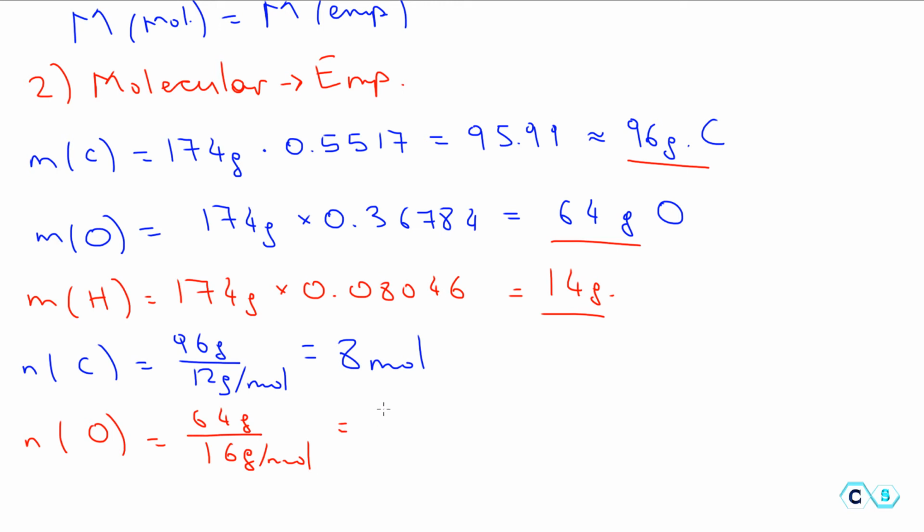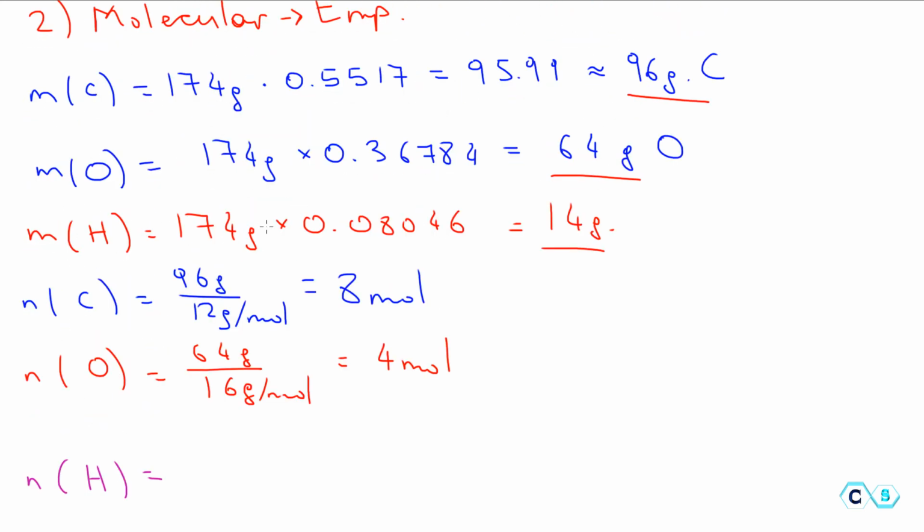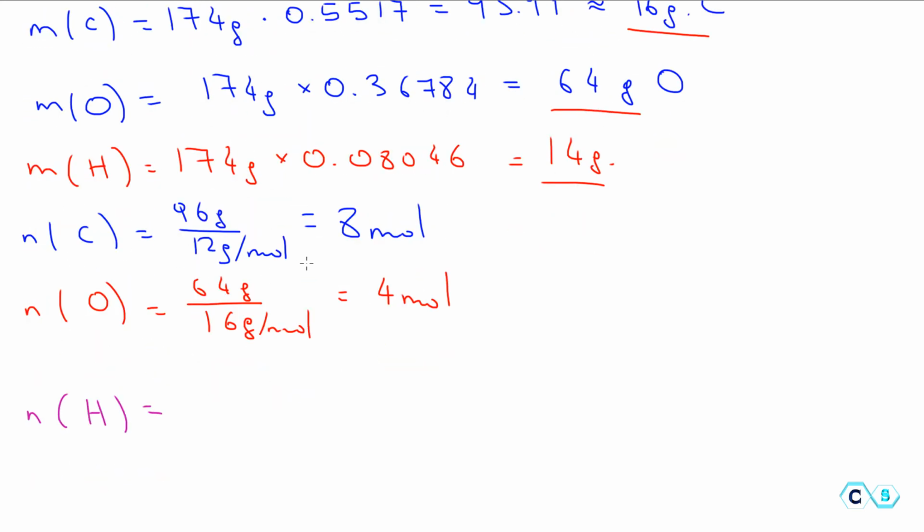So we get 4 moles of oxygen, and for the hydrogen, the mass of the hydrogen is 14 grams, so 14 grams divided by 1 gram per mole, so we have 14 moles.